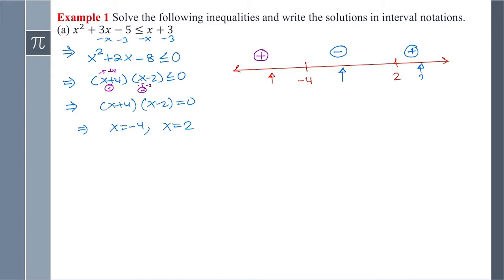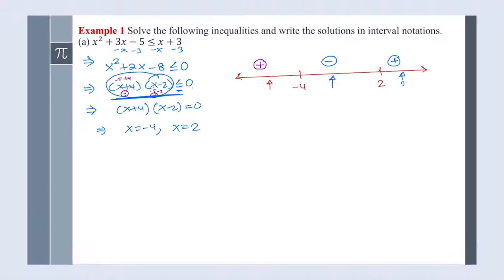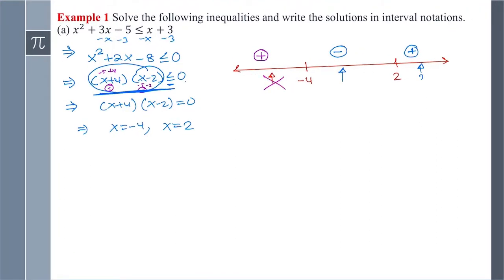Now if we look at our inequality, this quantity is less than or equal to 0. That means it has to be 0 or negative. So the first interval cannot be in our solution because that is positive, and the last interval is not a solution because that is positive. So our solution is from negative 4 to 2, and since we have less than or equal, we have to include negative 4 and 2 as well.